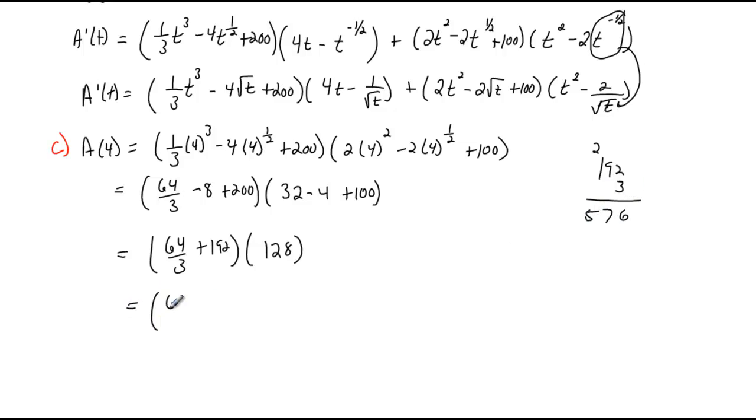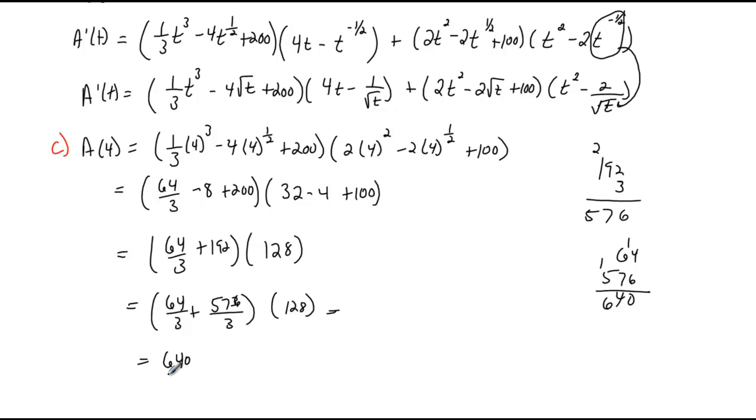So this will equal 64 thirds plus 576 thirds, still times 128. 64 thirds plus 576 thirds gives you 640 thirds.